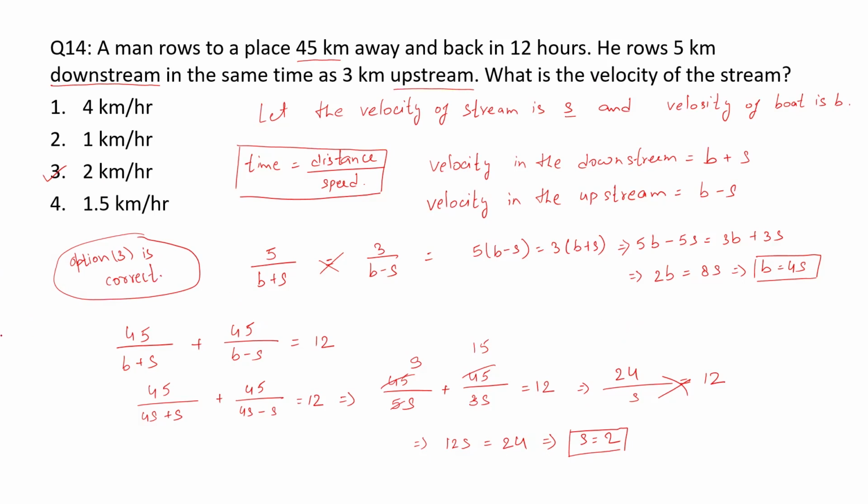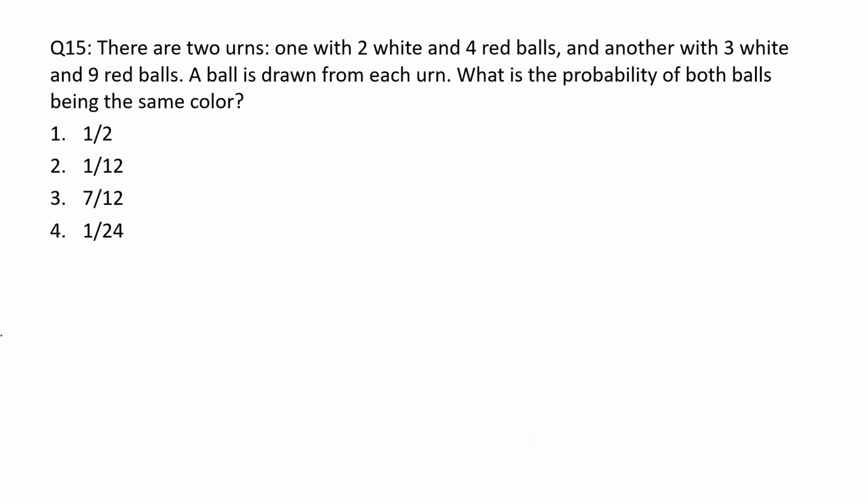Simple, no? Next. This is a problem from the topic probability. There are two urns, meaning two boxes or two bags, you can assume. One with two white and four red balls, and another with 3 white and 9 red balls.